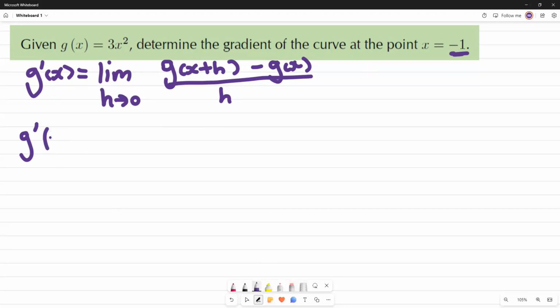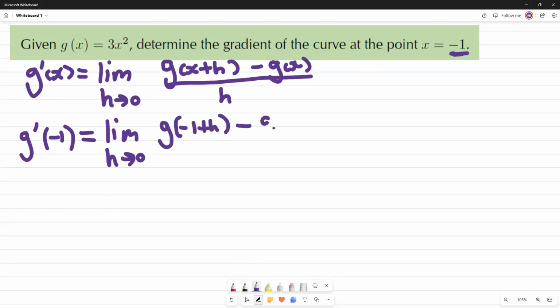So where there was x, I put -1 equals limit as h approaches 0. Here, basically, I'm going to have g of -1 plus h minus g of -1, where there was x, I put -1, all over h, right?